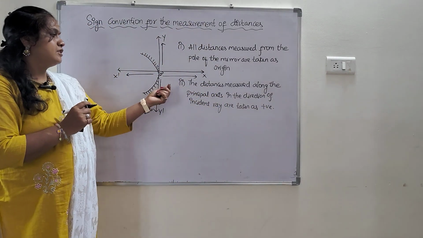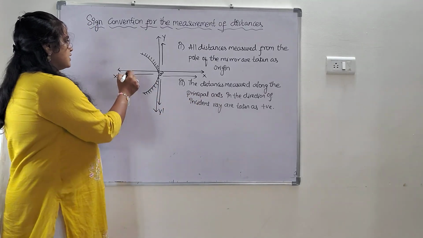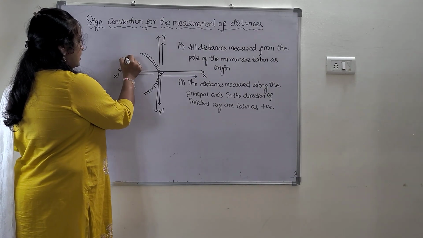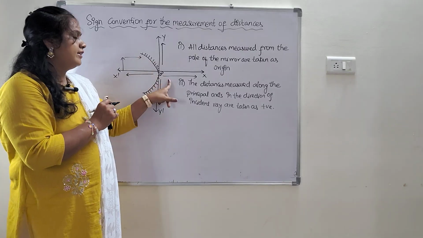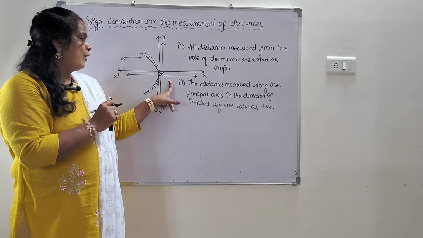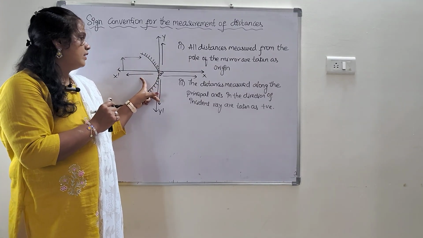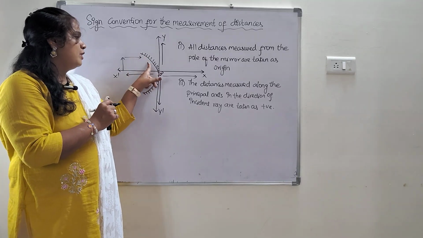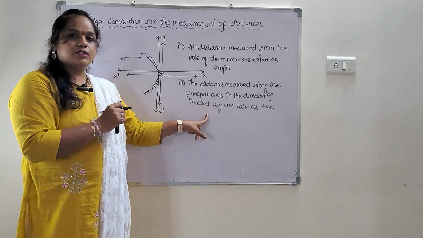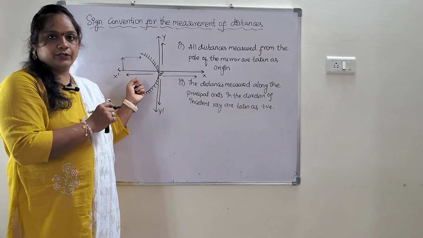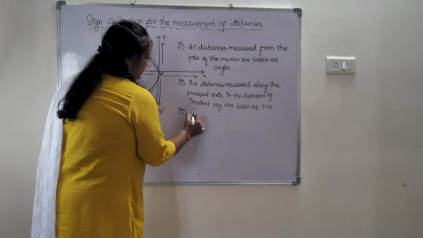For example, if I am taking the object here, this is the incident ray. The distances measured in the direction of the incident ray are considered positive, while those opposite to the direction are considered negative. Again, the distances measured along the principal axis in the direction of the incident ray are positive and the opposite are taken as negative.